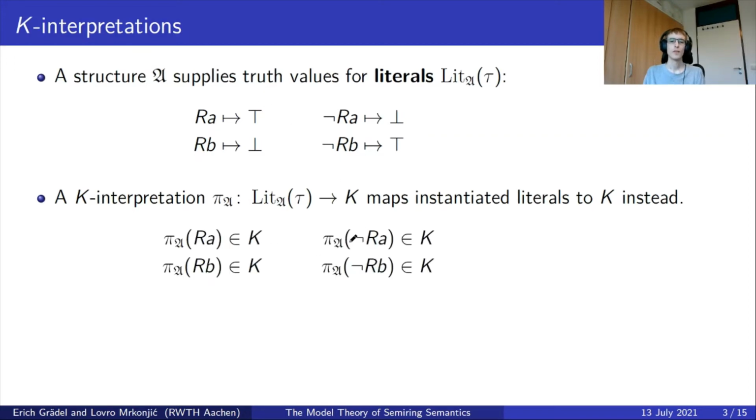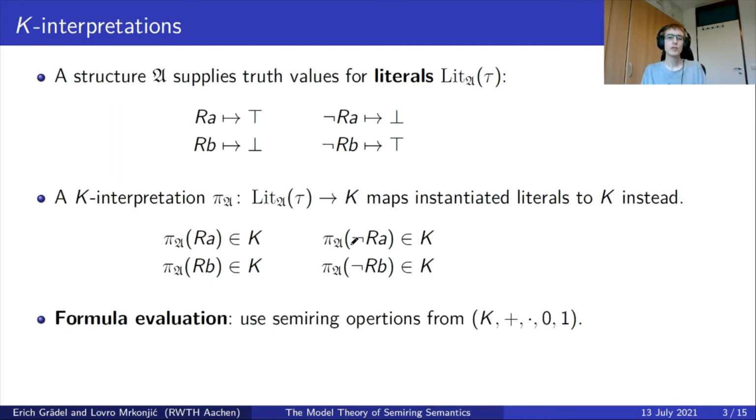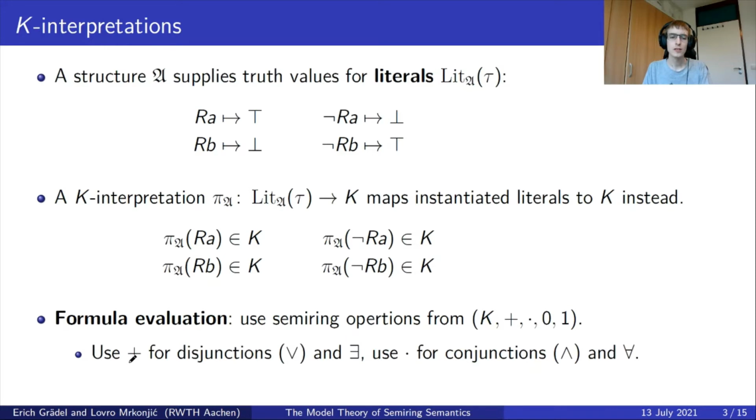And now this induces a straightforward evaluation strategy for all first-order formulas, because we can make use of the semiring operations. For example, we can use the addition to interpret disjunction and the multiplication to interpret conjunctions. And of course, the quantifiers, for example, the existential quantifier on the finite structure, can be seen as a finite disjunction.